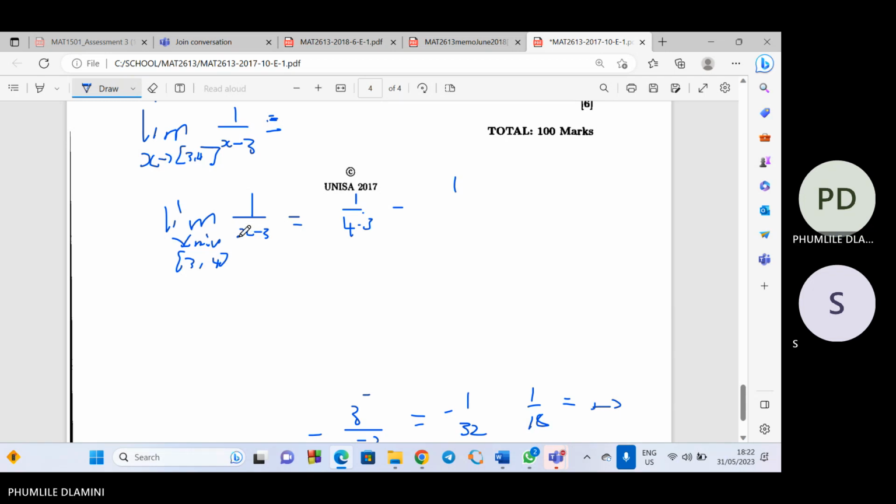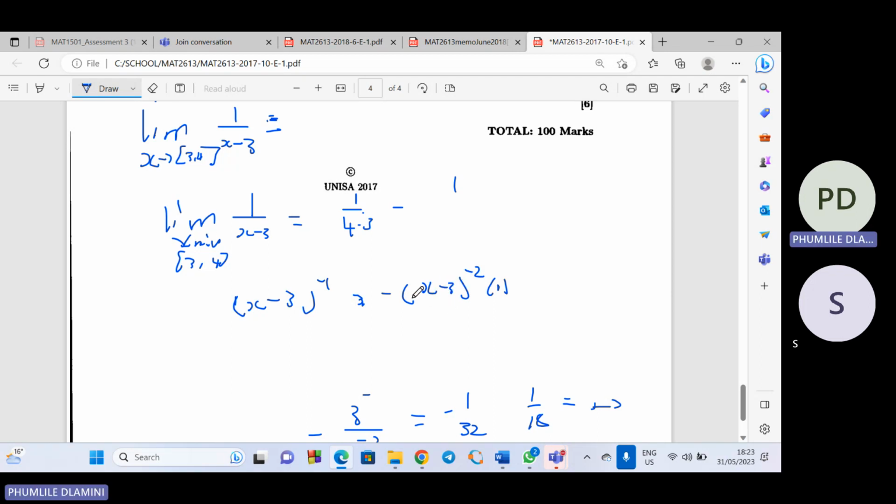differentiate this. So when we differentiate this, 1 over x minus 3 to the power negative 1, when we differentiate it, it's going to be negative 1 times x minus 3 to the power negative 2, which is going to give us minus integral 1. So this is going to still be, if you check it, 1 over the square of this.